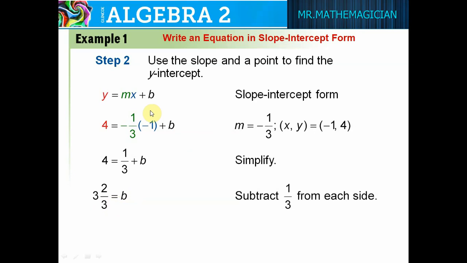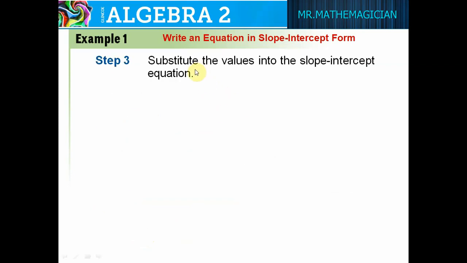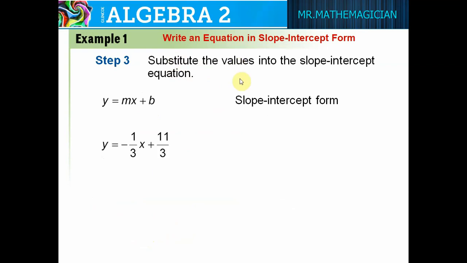Put b back into the equation, so you can write down the equation as y equals negative third x plus 11 over 3, such that the slope is negative 1 over 3 and the y-intercept is 11 over 3, which is the same as 3 and 2/3.